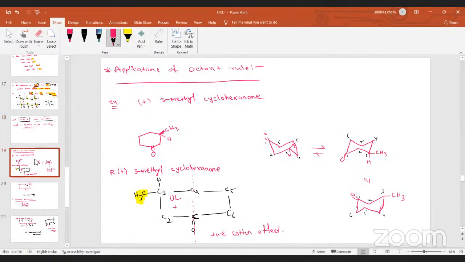And see the applications of the octant rule. Take 3-methylcyclohexanone.